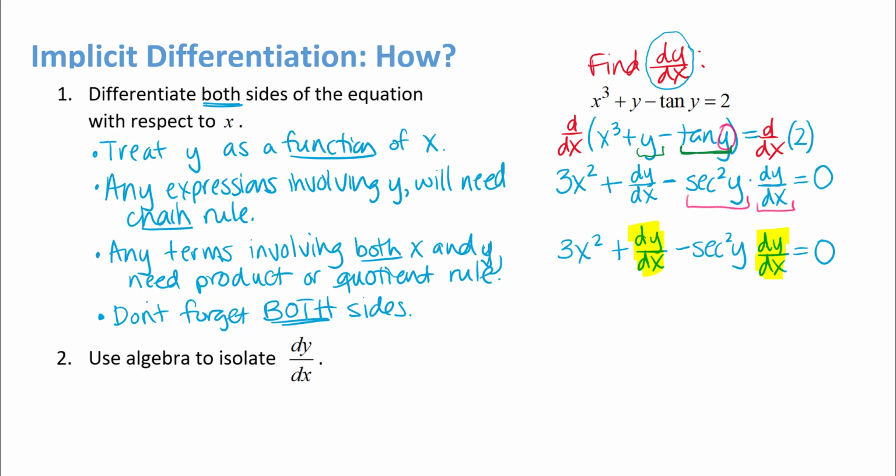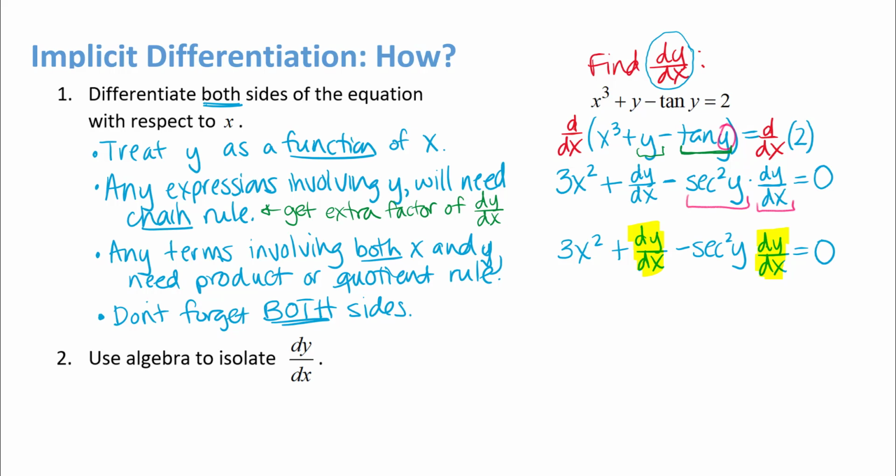So over here, where I wrote the steps saying any expressions involving y will need chain rule, when you find those derivatives, you're going to get an extra factor of dy dx. That factor comes from using chain rule.